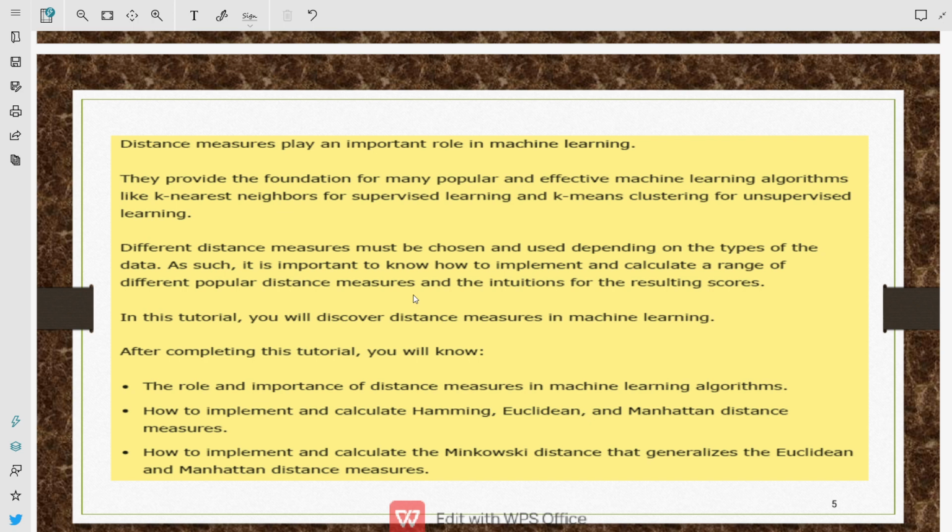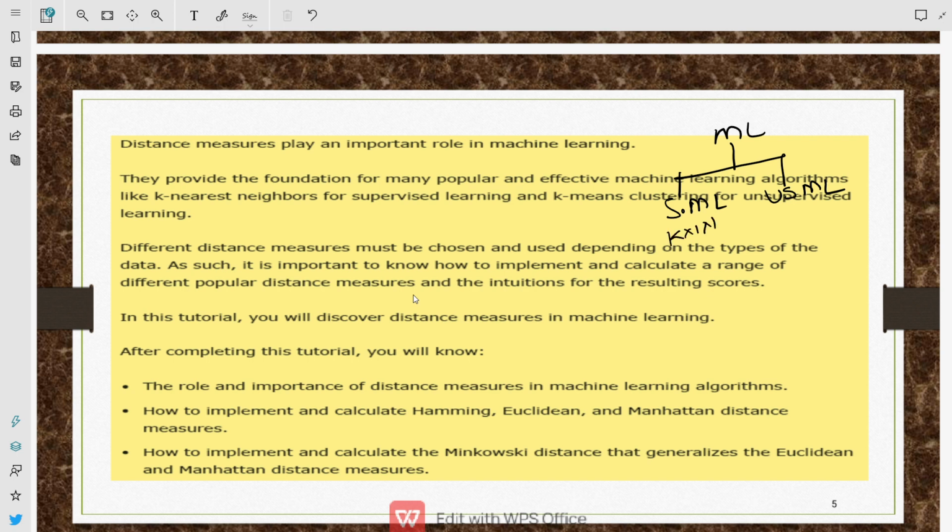Why? Because in machine learning we are going to deal with data sets. As we know, machine learning is broadly classified into two types, that is supervised machine learning and unsupervised machine learning.